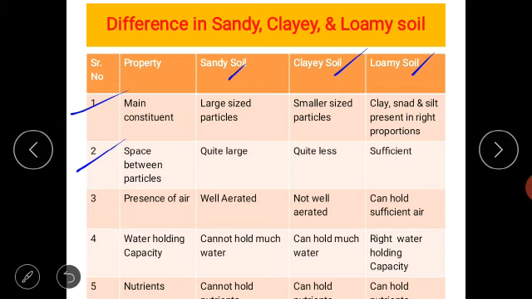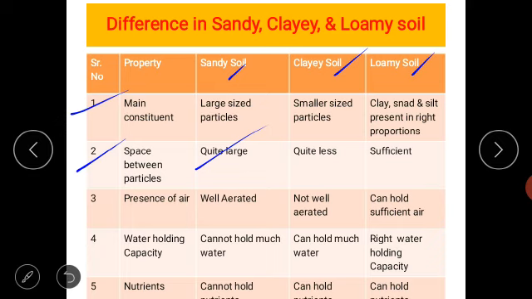In case of sandy soil, the particle size is quite large and very large space is present in this type of soil. Next is clay soil. Very little space is between two particles of clay soil. So the water holding capacity for sandy soil is very poor, but it is good for clay soil.